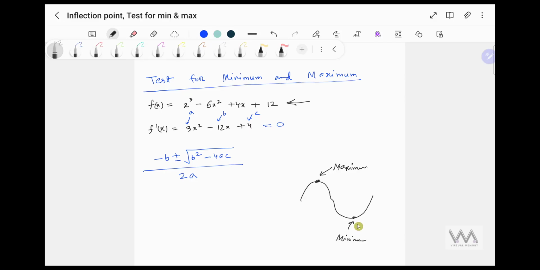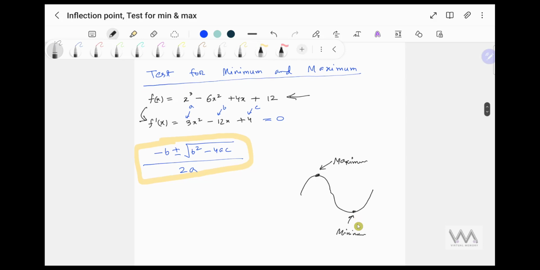So we find the first derivative, which is here. We have 3x squared minus 12x plus 4, and then we set it equal to 0 to solve for x. We can use this equation here to solve the quadratic equation. So we will have minus 12.